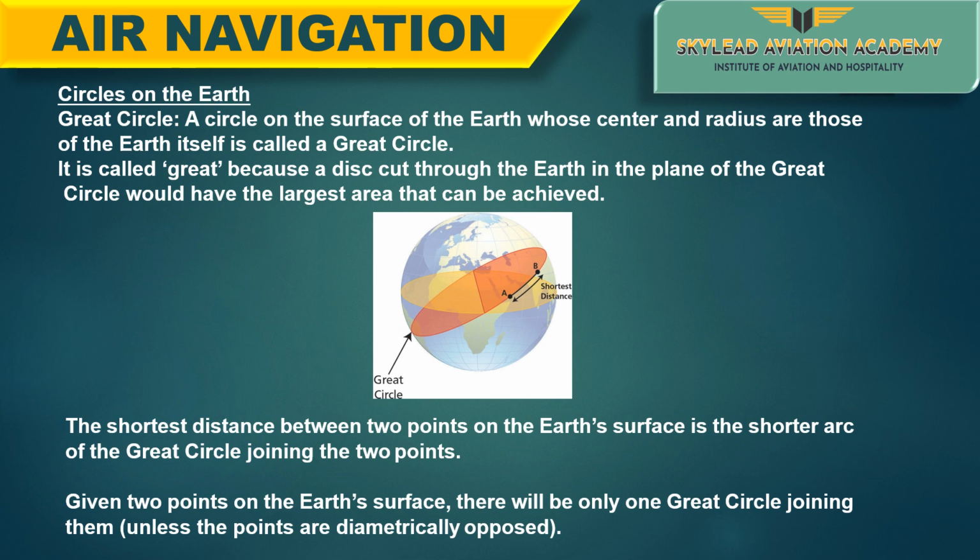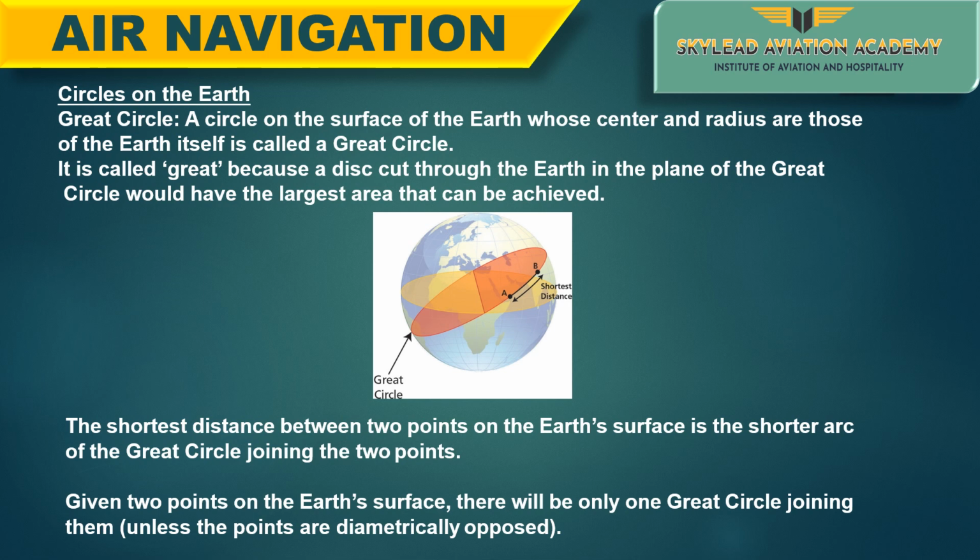So friends, the next topic is circles on the earth. Great circle: a circle on the surface of Earth whose center and radius are those of the earth itself is called a great circle. It is called great because a disk cut through the earth in the plane of a great circle would have the largest area that can be achieved.